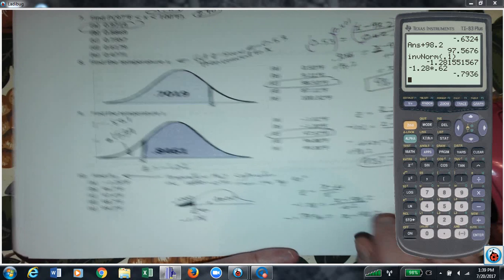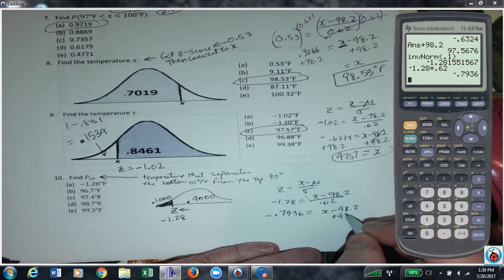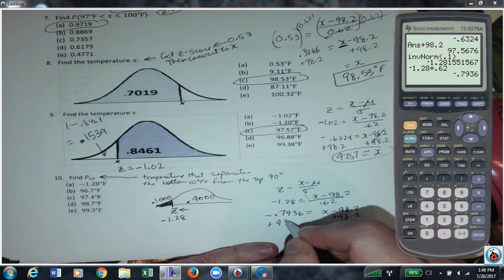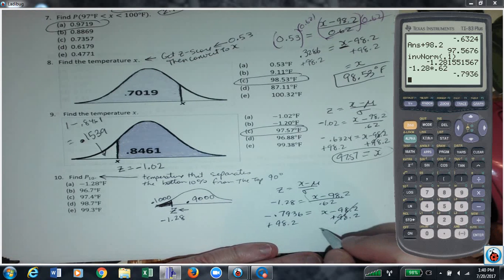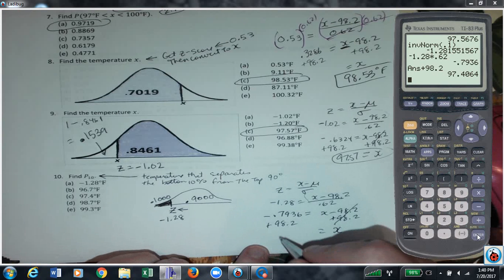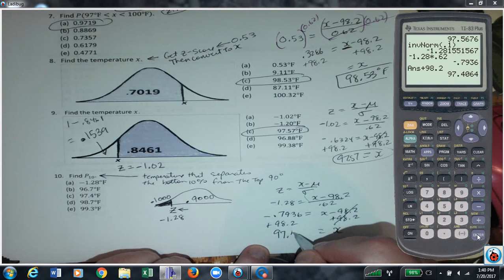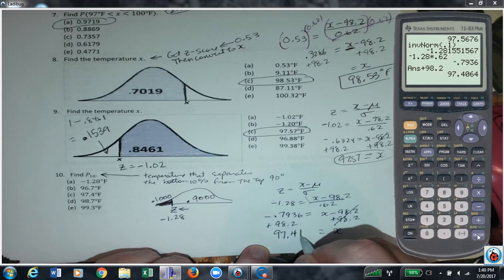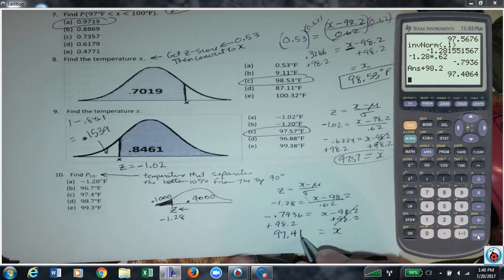So to get x by itself, I'm just going to add 98.2 to both sides. So I have x is equal to, so I hit plus over here, and 98.2. And so I get 97.41. Okay, so 97.4.